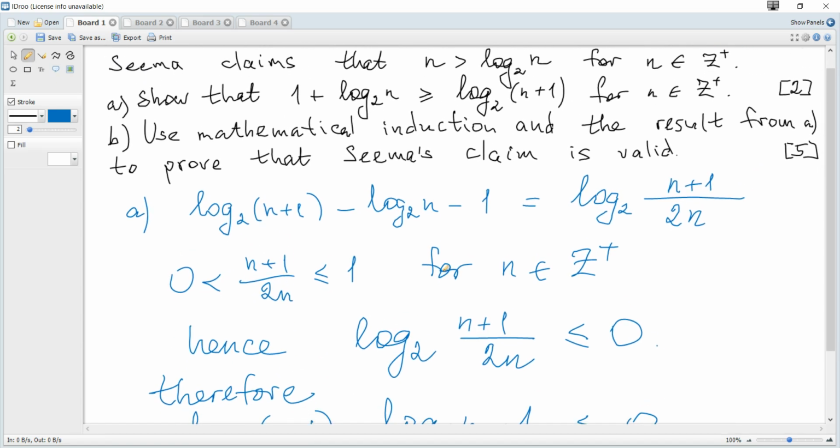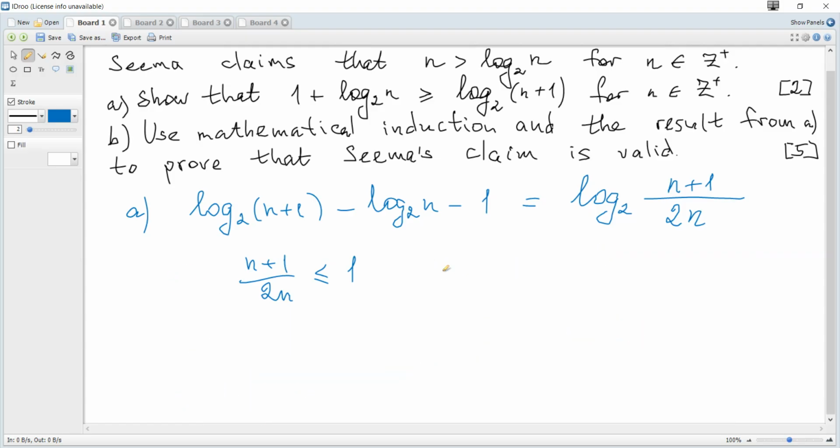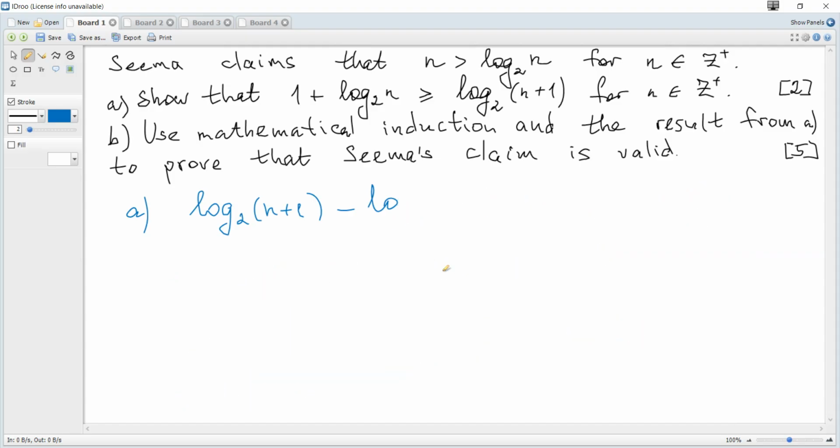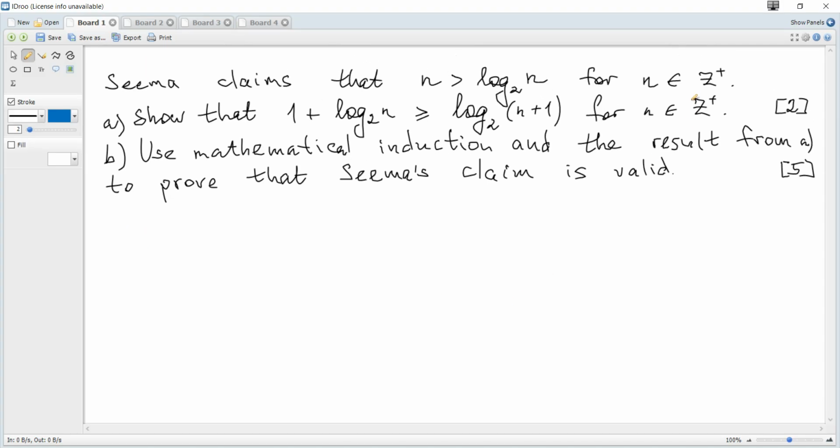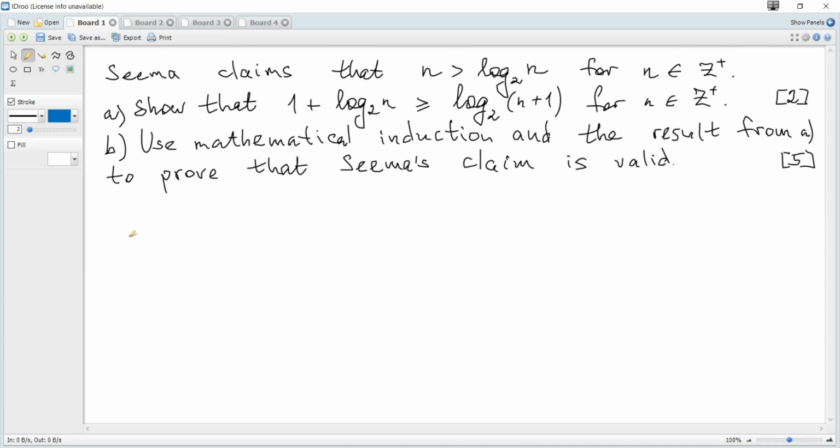The next question: we use mathematical induction and the result from part A to prove that Sima's claim is valid. So we should prove that n is greater than log to the base 2 of n. As usual, the first step is to consider the first possible value of n. Here it's 1.